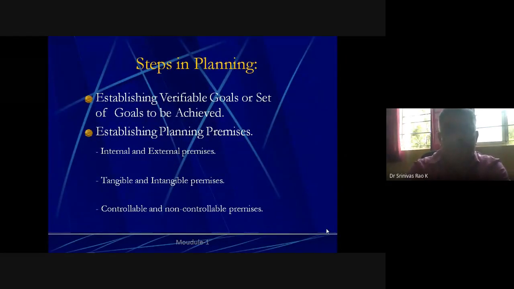Now coming to the steps in planning. What are the steps in planning? These are all the process of planning, and now we come to the steps. Establishing verifiable goals or a set of goals to be achieved. Establishing planning premises: internal and external premises, tangible and intangible premises, controllable or non-controllable premises.